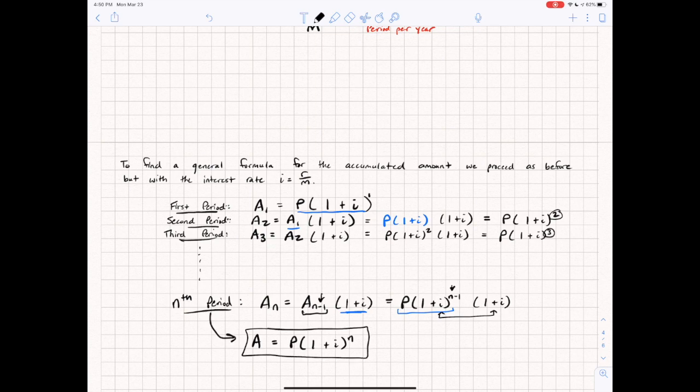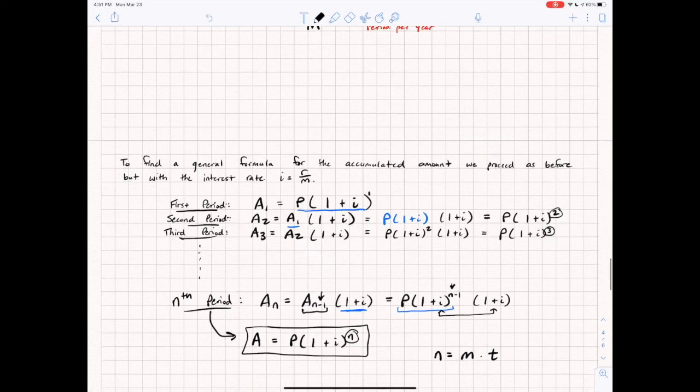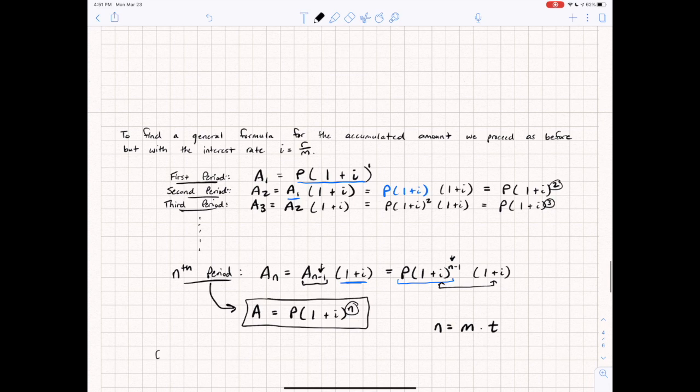Now, where this gets a little bit tricky, and what's going to take us to our final definition and then final example for compound interest, is that n represents the number of times that we are calculating. Well, this is measured by a certain number of times per year times the number of years that we go. For example, if I wanted to compound quarterly, m would be equal to 4.